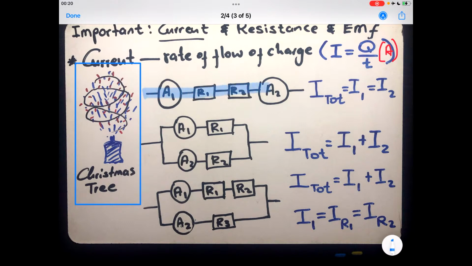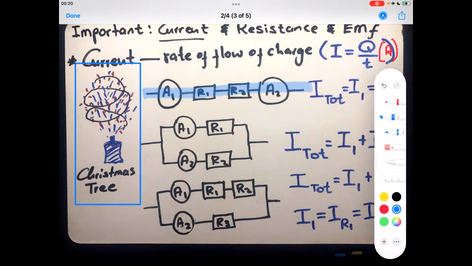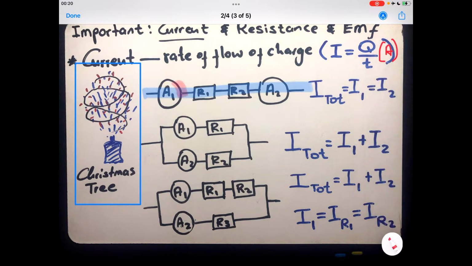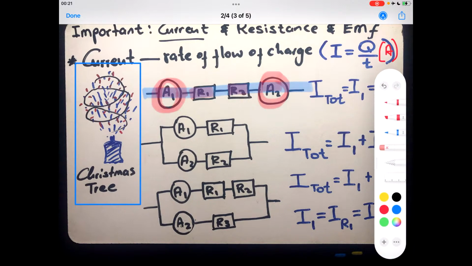You will notice that this water meter is going to read the same amount of water passing through there, because the water does not split in that case. That is why we say the water passing through there is still the same as the water passing through there, and there, and there.